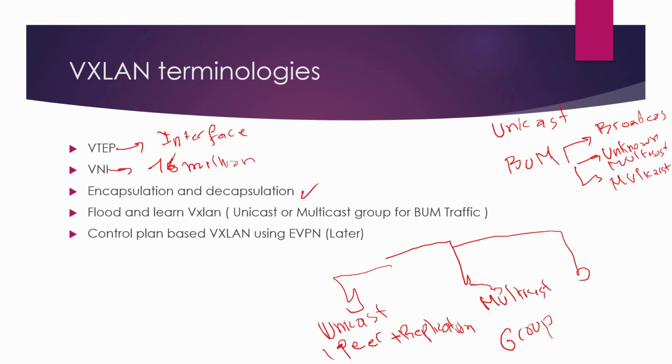So if you have traffic that you need to encapsulate via VXLAN, the one responsible for the underlay transport is the multicast group. And also unicast, which is peer plus replication. We're going to discuss it.